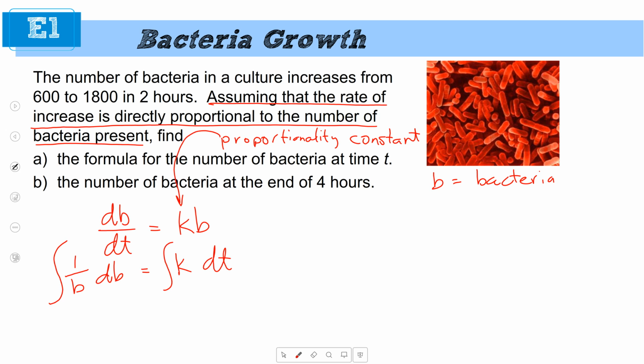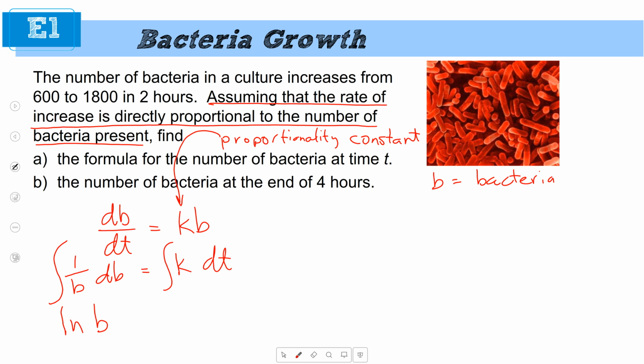Okay, now, this is where we have to talk a little bit about the differentials, because most of the time when we're working with differentials, that differential is either a dx or a dy. This one's a dt. Okay, so let's do the left-hand side first, because it's easier. What's the antiderivative of 1 over b? Okay, now technically speaking, it would be the natural log of the absolute value of b, but can b be negative?